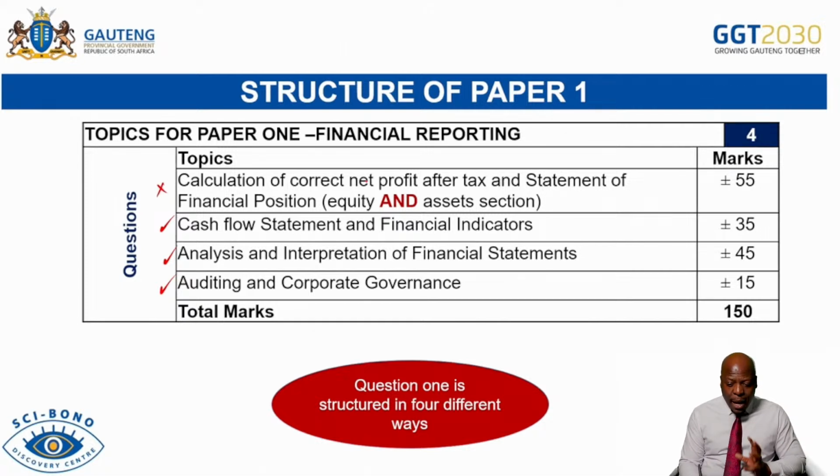And then here we have the calculation of correct net profit after tax, as well as the statement of financial position. It can be a full, or it can just be equity, or it can just be the asset section, depending on what the examiner is going to test. So far I've discussed 4 options, and it is very important that in the remaining hours, make sure you spend enough time as you prepare for your final exam.